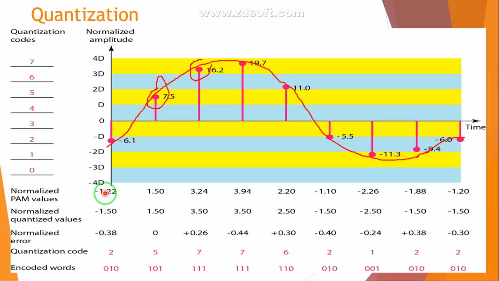Now, the normalized quantized level: since it is nearer to 1.5, we normalize this value 1.22 to 1.50. So what is the difference? What is the error? Minus 0.38 is the error.